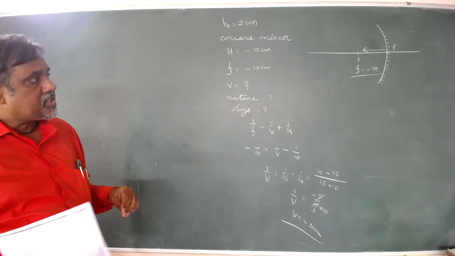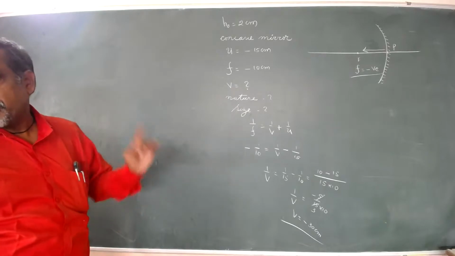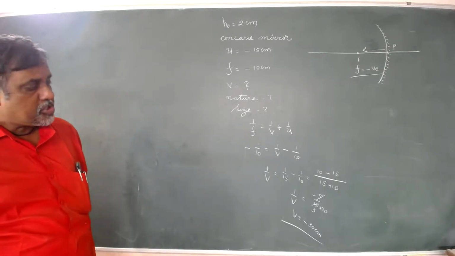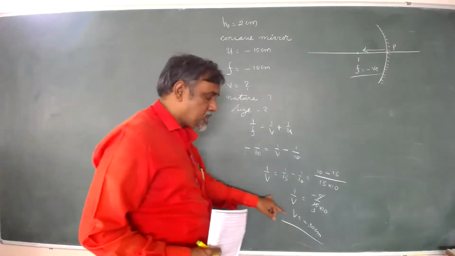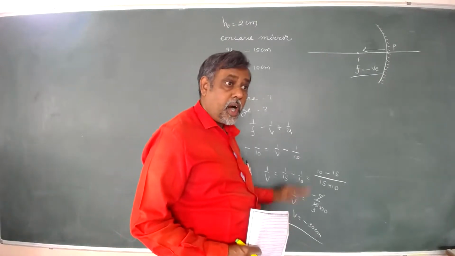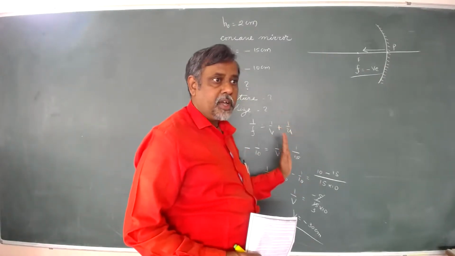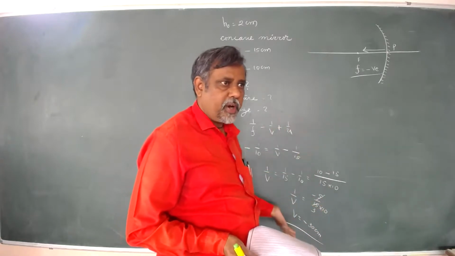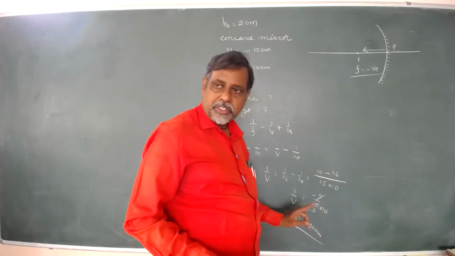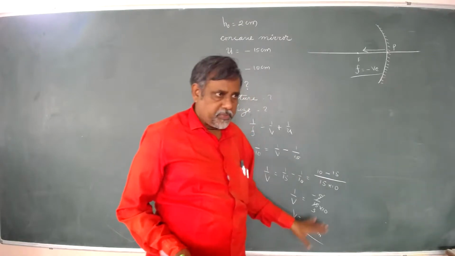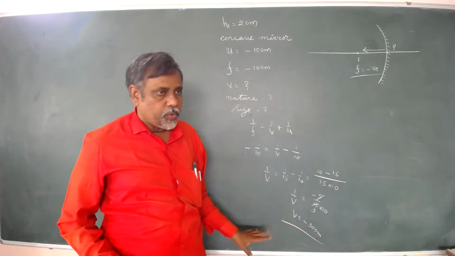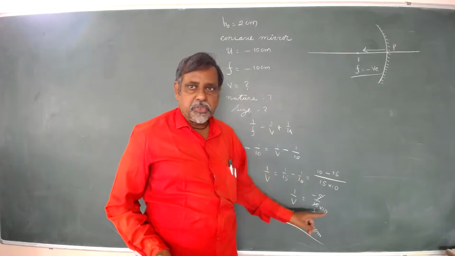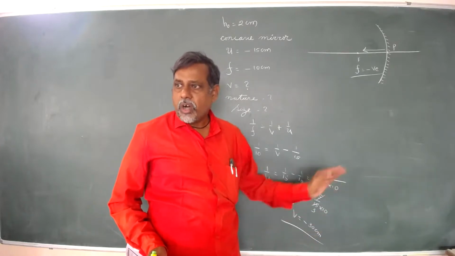So at a distance of 30 centimeter, the image gets formed. By means of this minus 30, what do we know? On the left side only, that's all. Whether it is real or virtual, that information is not there so far. By means of this value, the image is at a distance of 30 centimeter, which is on the left side.